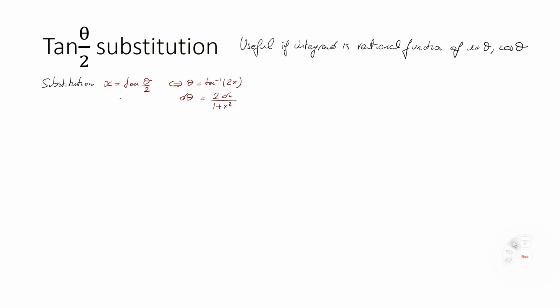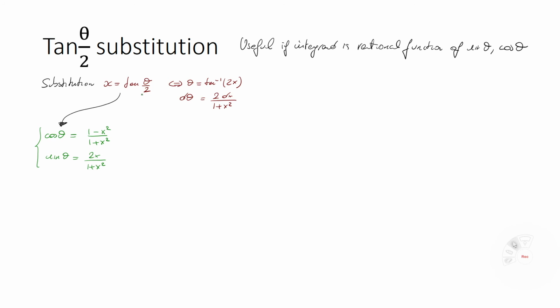And now, given x equal to tan theta over 2, there are 2 trigonometric formulas that we can derive from that. So from this we can derive that cosine theta is equal to (1 minus x squared) divided by (1 plus x squared), and sine theta is 2 times x over (1 plus x squared).